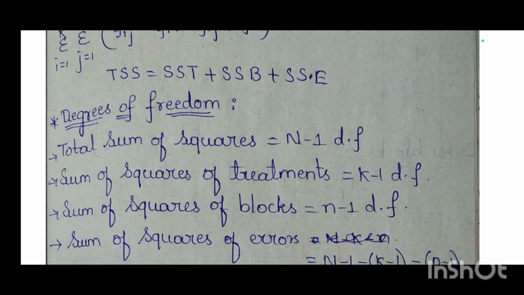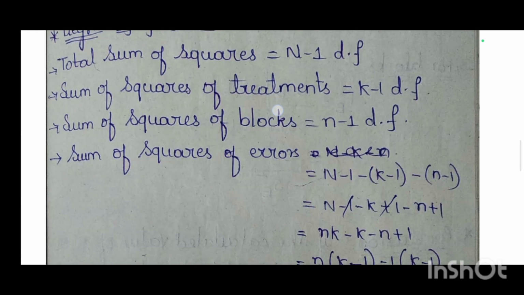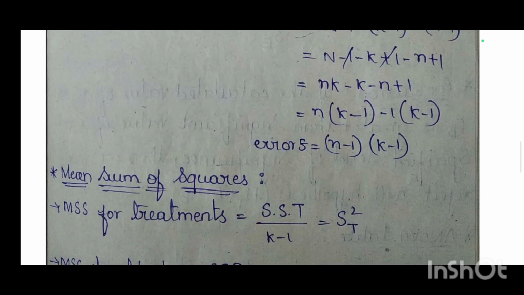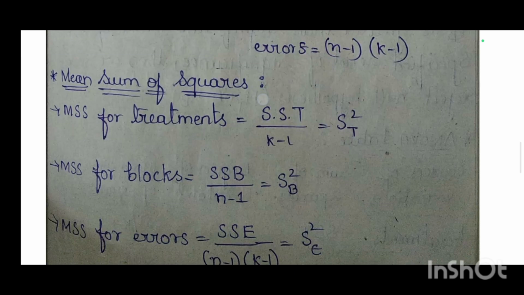Next, the sum of squares due to blocks has n minus 1 degrees of freedom, and for the sum of squares of errors, if you write the degrees of freedom as n minus 1 minus (k minus 1) minus (n minus 1) and simplify, you will get the degrees of freedom as (n minus 1) into (k minus 1). Next, we are writing the mean sum of squares.